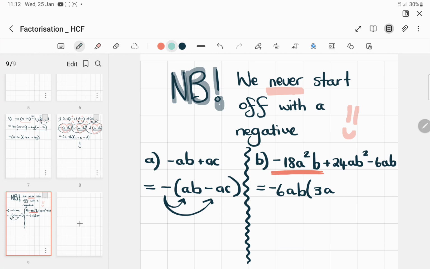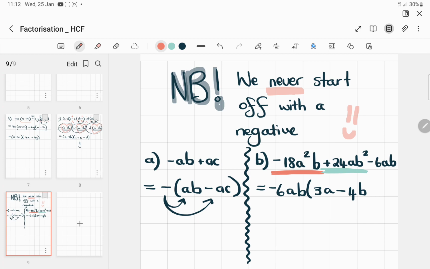Then the next term, a positive 24ab squared, that you're going to divide away with what you've taken out. So positive divided by negative is a negative. 24 divided by 6 gives you 4. A divided by a will fall away. B squared divided by b is a b.